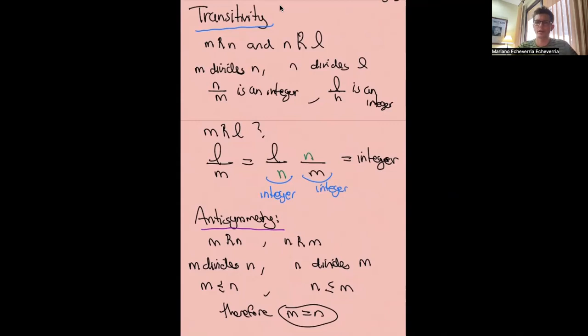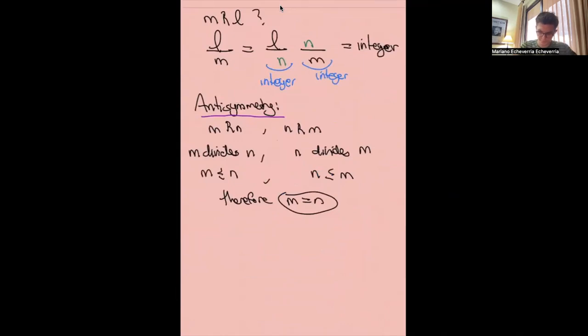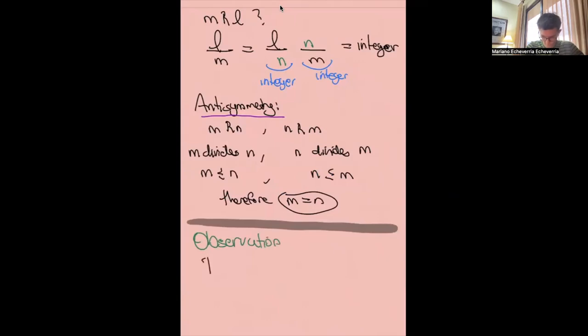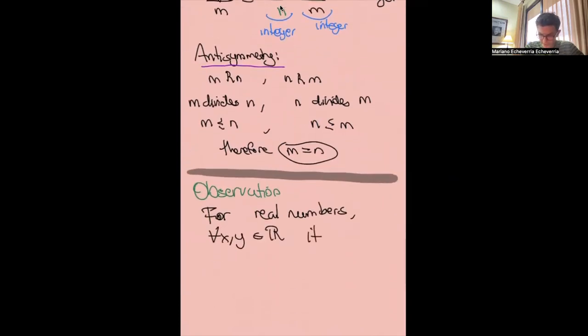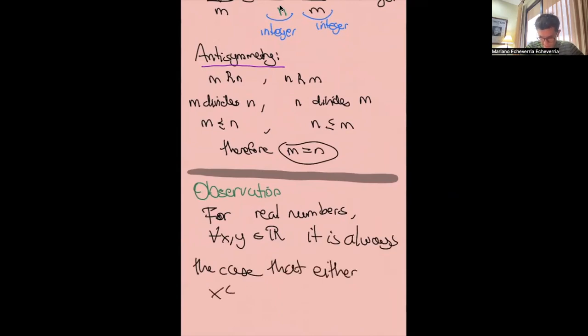So notice in particular that this already tells you something important. Here's an observation. For real numbers, for every x and y real numbers, it is always the case that either x is less or equal to y or y is less or equal to x, right?